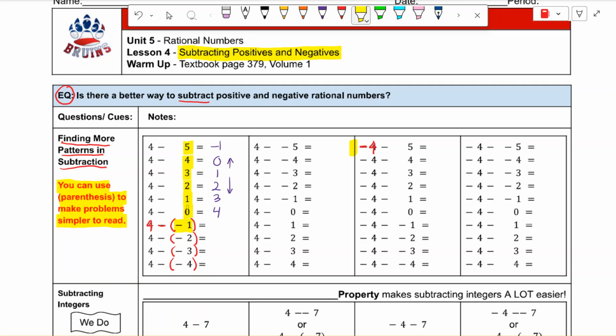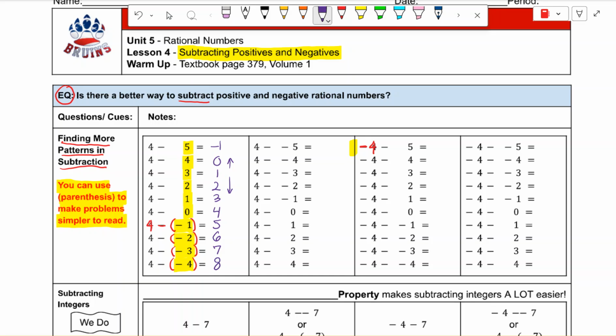So since the pattern's not being broken right here, and all the rest of it is the same, we can assume that 4 take away -1 would be 5. And 4 take away -2 would be 6. And 4 take away -3 would be 7. And the final one, 4 take away -4 is 8.